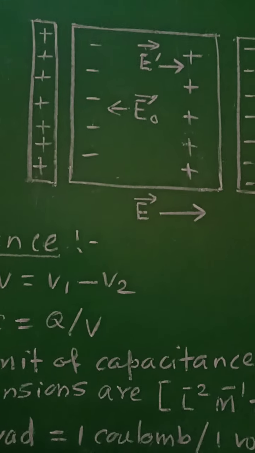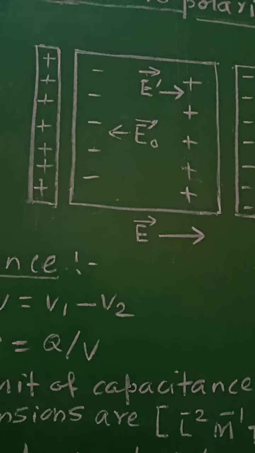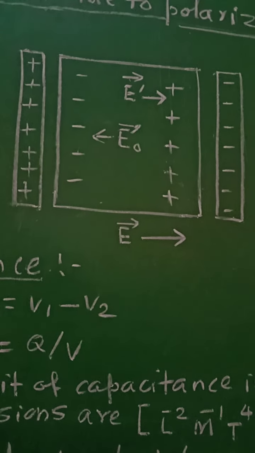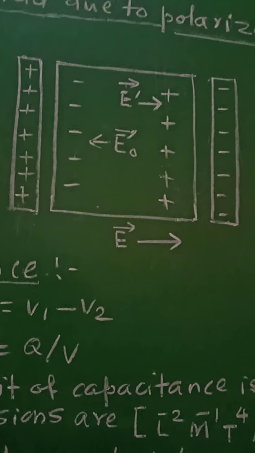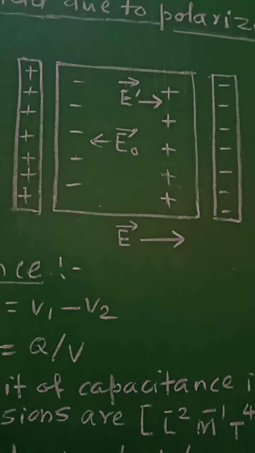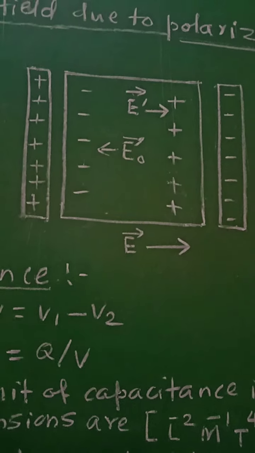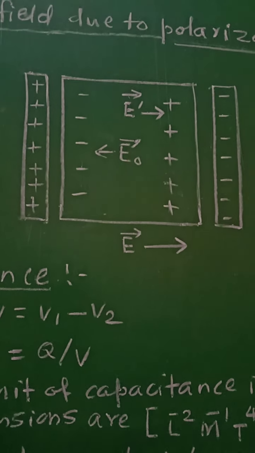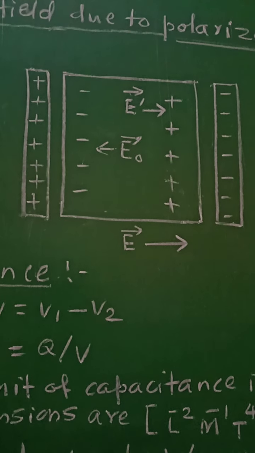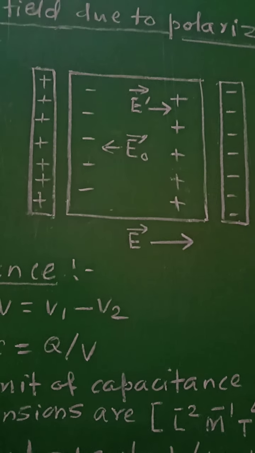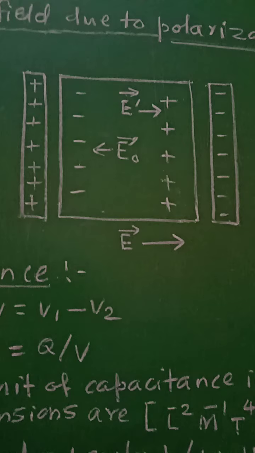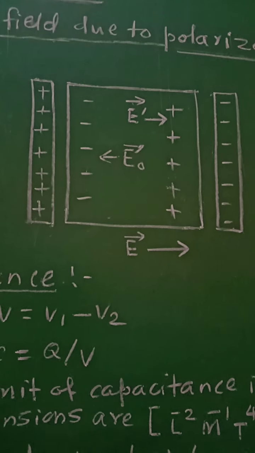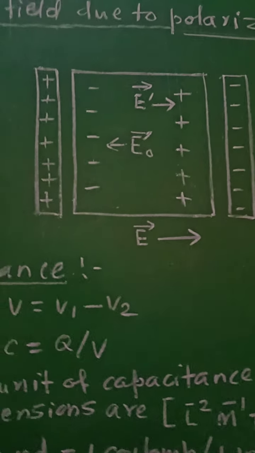Thus, there is an apparent seat of positive charges on the right side and the negative charges on the left side of the dielectric. These two seats of induced surface charges produce an electric field E0 called the polarization field in the insulator.